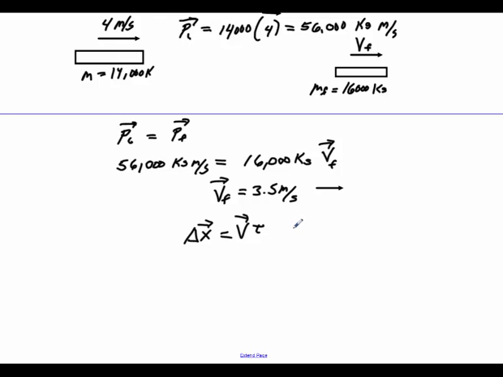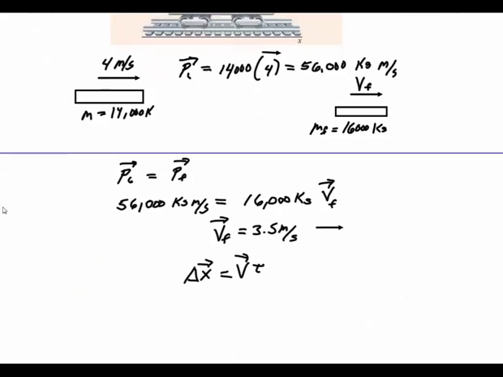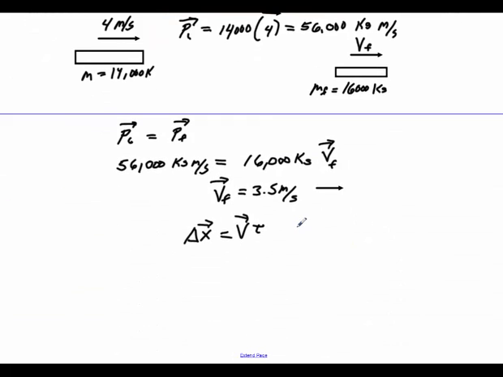So our displacement was given as 500. So we put 500 is equal to v, which is 3.5, times t. We solve for t, and we'll get 143 seconds.